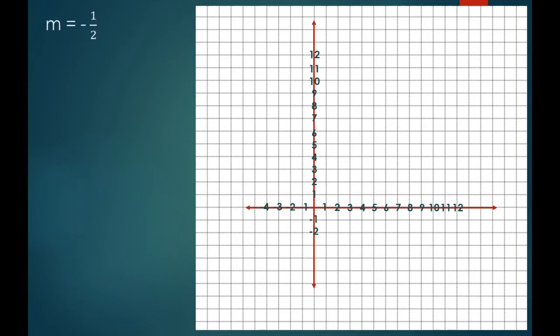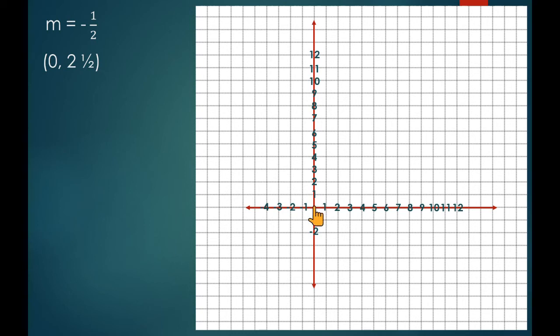Let's graph. Sabi natin kanina, ang slope ay negative 1/2 at ang y-intercept natin ay 0, 2.5. 2.5 yung sagot pag dinivide mo yung 5 sa 2. So, hanapin na natin si 0, 2.5. Let's start with the 0.